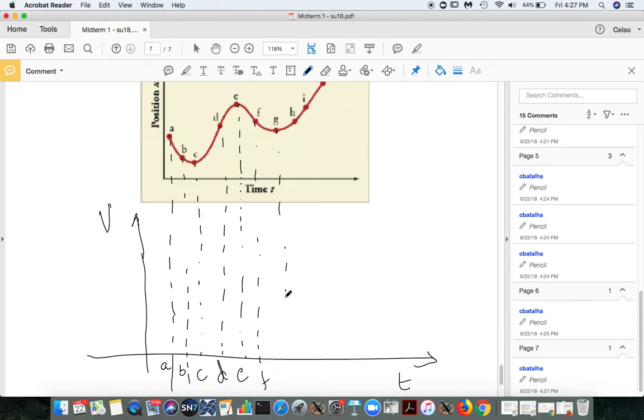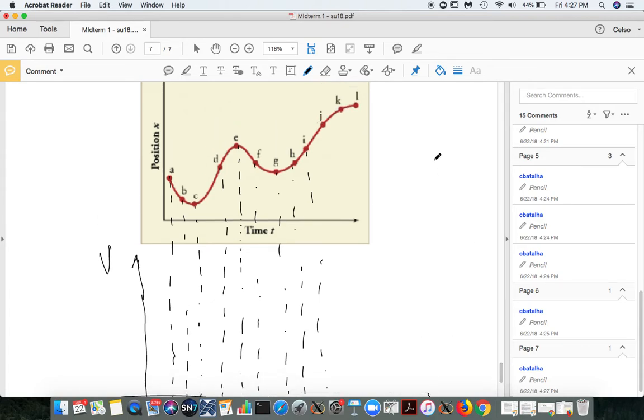And then G, and so on. And then you have H, I. So those are the segments. Oh, I have K, L. I'm not going to do that.